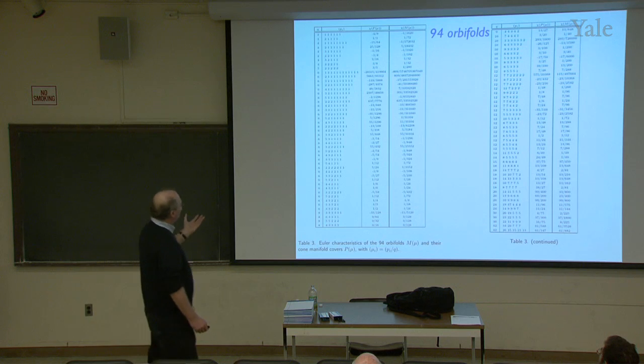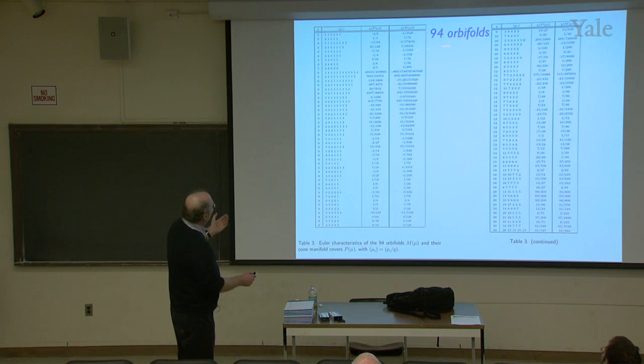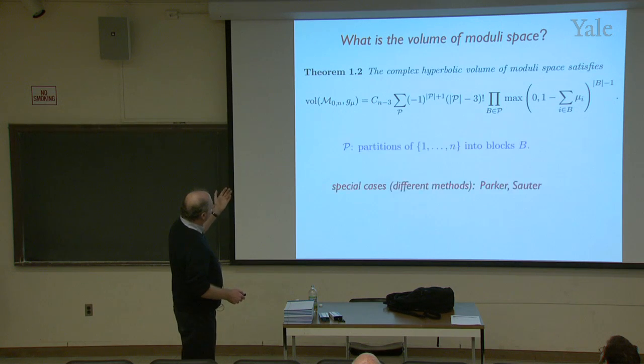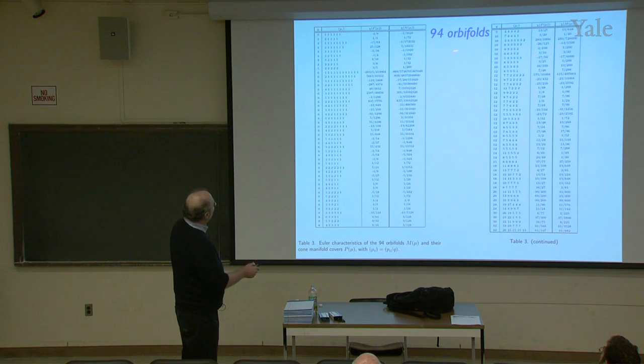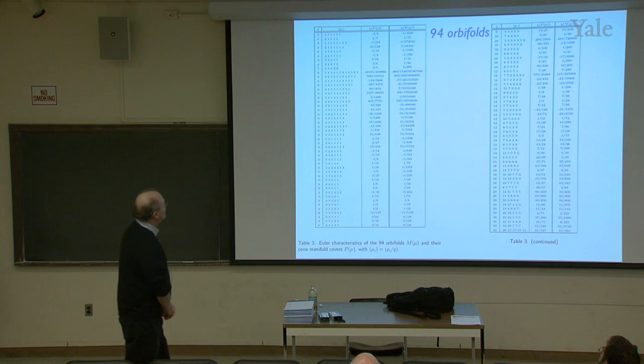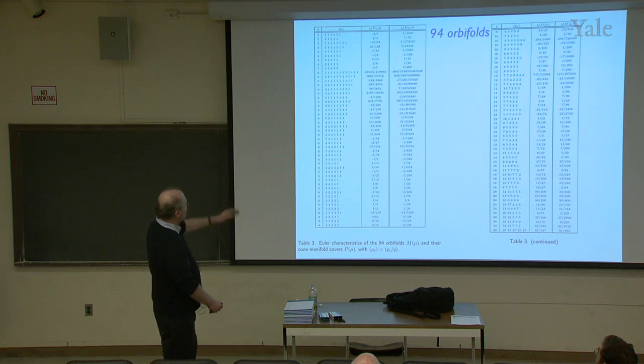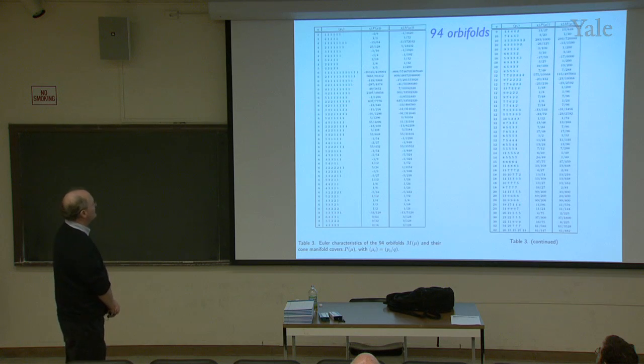Okay, so here by the way, this is an application of this formula. There were 94 orbifolds discovered by Deligne and Mostow that are obtained by choosing particular values of these mu i's.